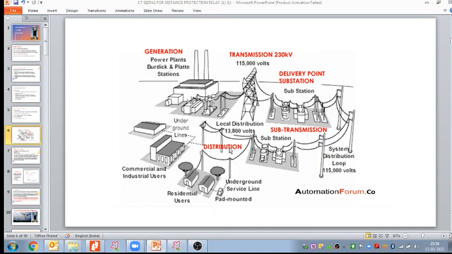What class should we take here, what should the CT class be for the protection purpose? Let us understand in the overall grid network.